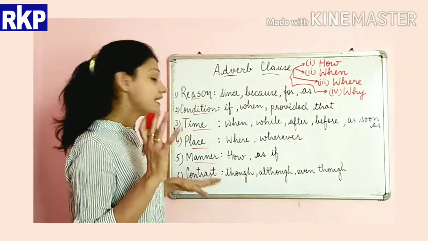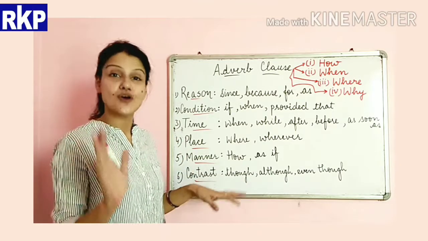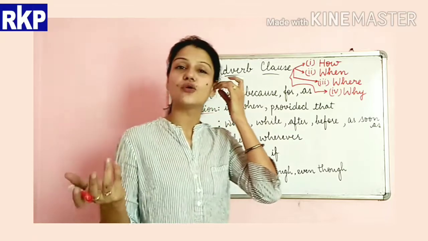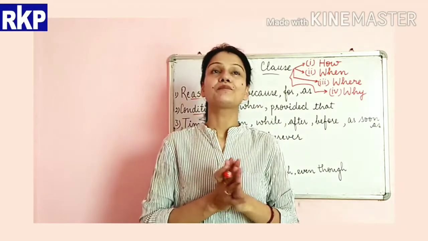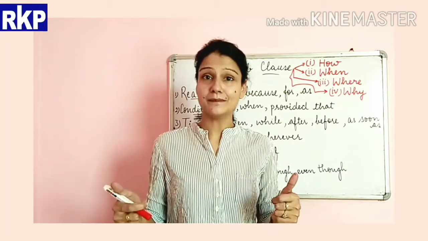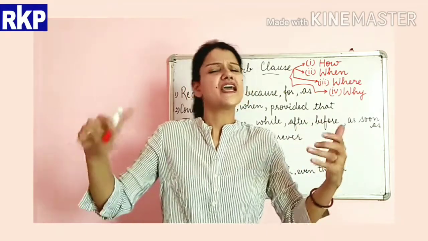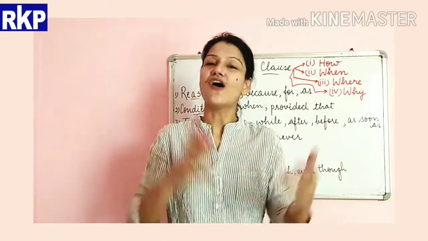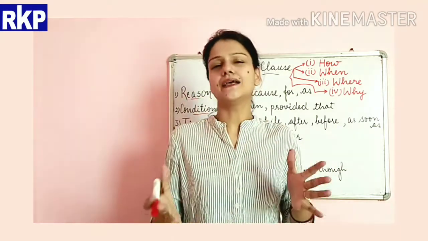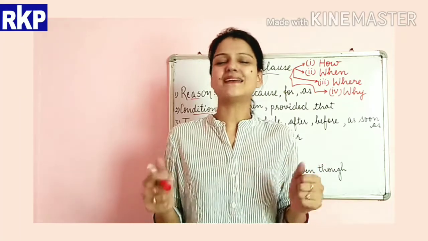And the conjunctions of contrast are though, although, or even though, right? So I can say, although the journey was exhausting, we enjoyed a lot. Exhausting means tiring, very tiring.